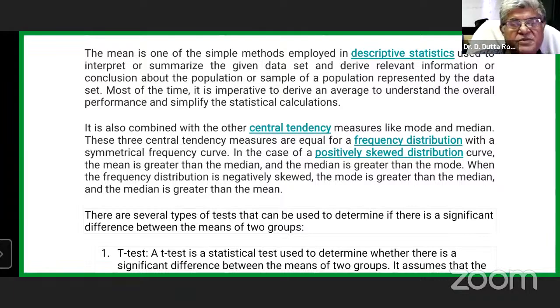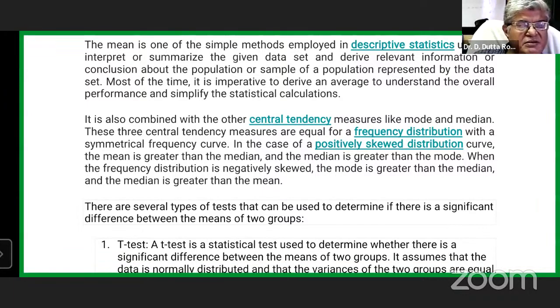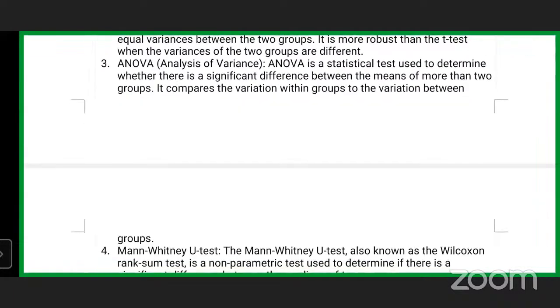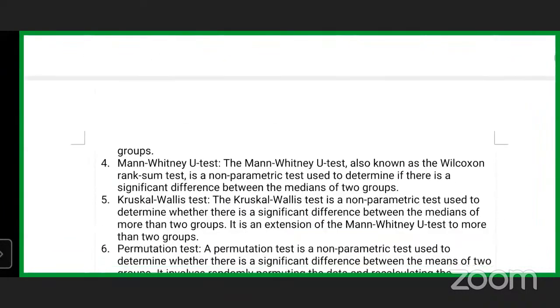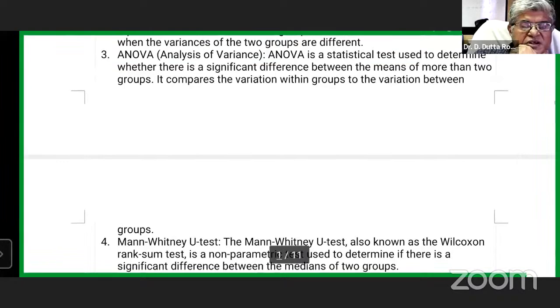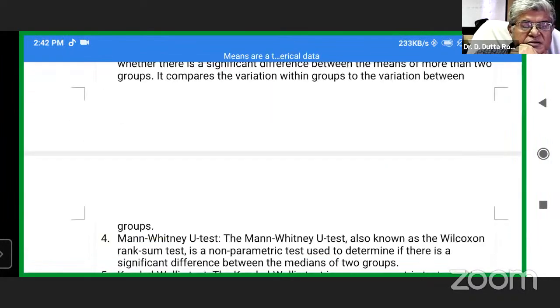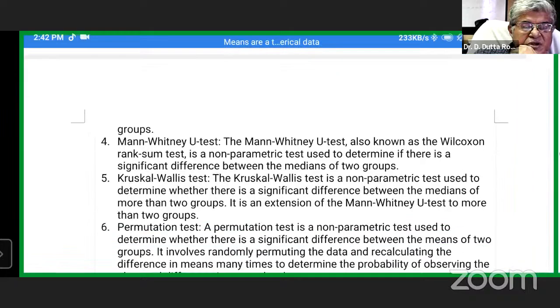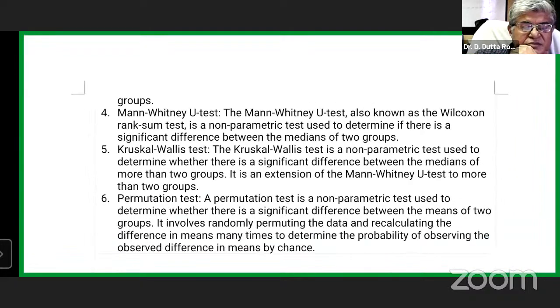Because in earlier chapters, students already studied the mean. Okay, sir. And Mann-Whitney, these are different and not related to the mean. So you are using many things that are not clear.